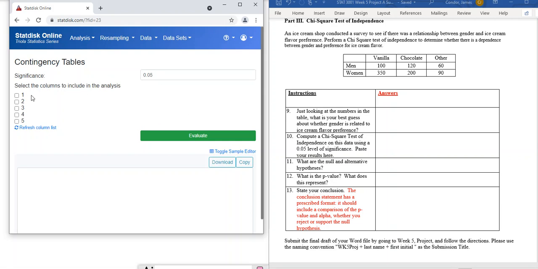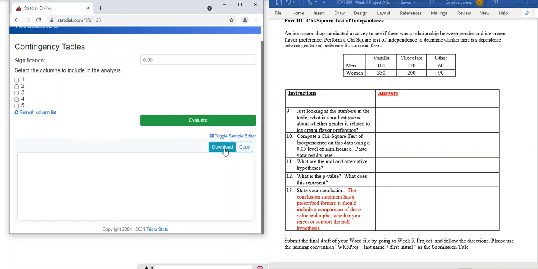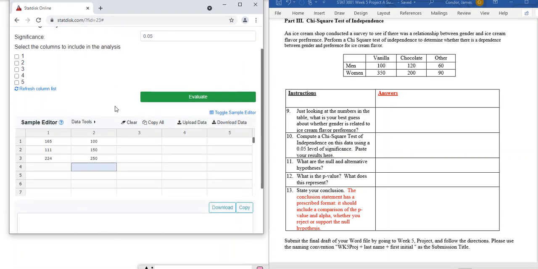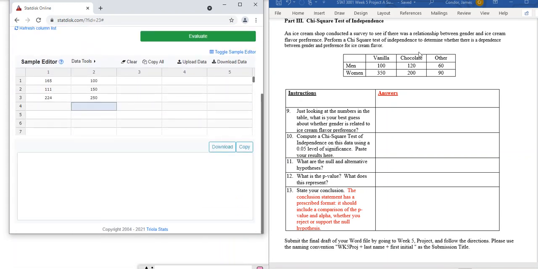All right, so let's see. We've got to type in, and let's get to toggle sample edit. Okay, we've got to type this into here. Okay, just the way it is. All right, let's go back.